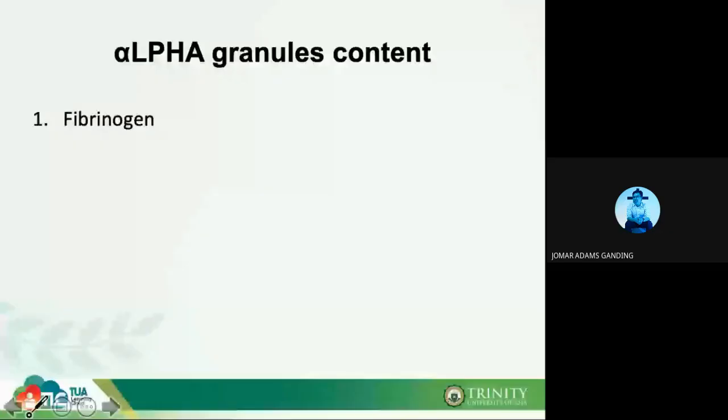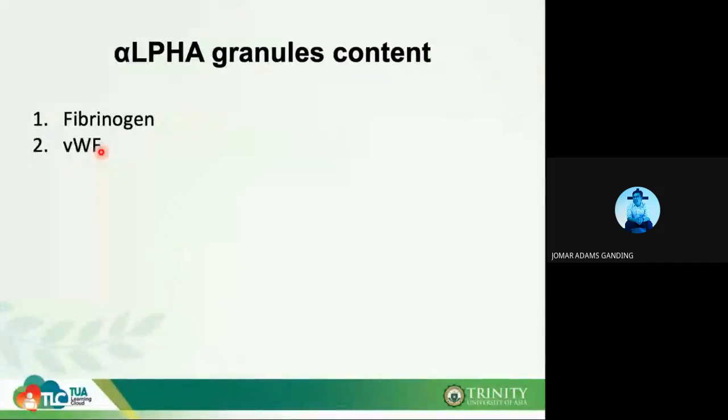They also have your VWF. We're not talking about Wonder Woman kahit mukhang Wonder Woman yung sign. But we are talking about your von Willebrand factor. Aside from that, your alpha granules also contain your factor 5 and factor 8. Okay, factor 5 and factor 8. So very important to remember that.